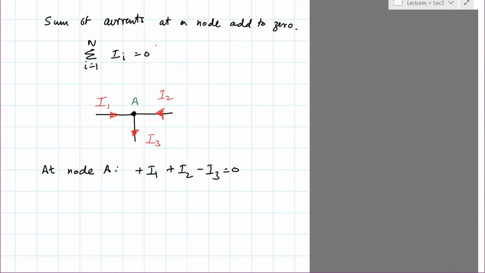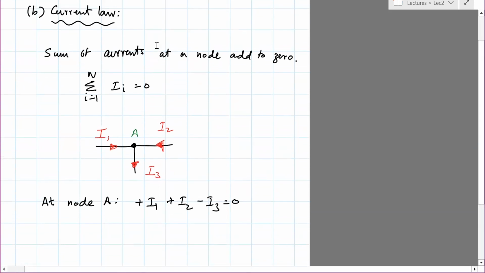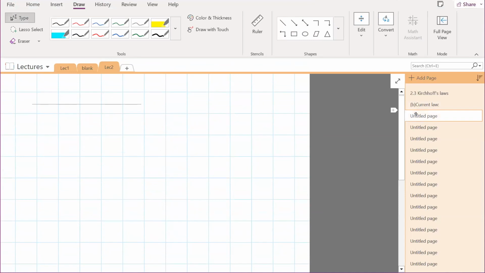Okay, so let's look at some of the simplest circuits, a series circuit and a parallel circuit. And we'll use the KVL and KCL, which I just talked about, in order to analyze these.